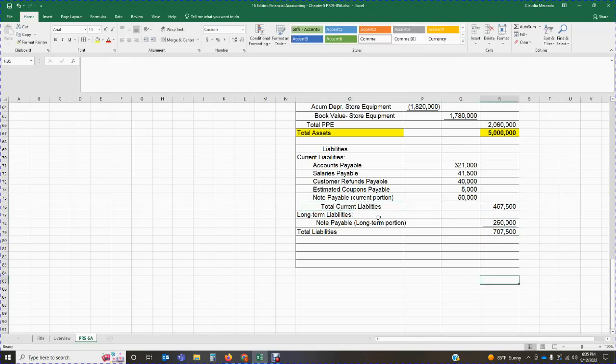So my total current liabilities is $457,500. This represents the amount that we must pay within a year or less. We have the long-term liability. This is anything that we have to pay above a year. We have $250,000 worth of long-term liabilities. My total liabilities will be $707,500. So this is my liability section. Let me mark this another color. The next section we have is our stockholders' equity.